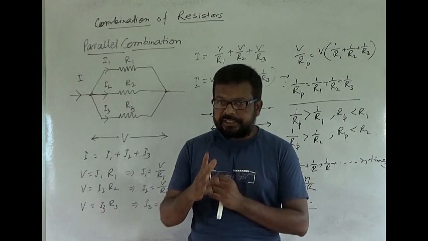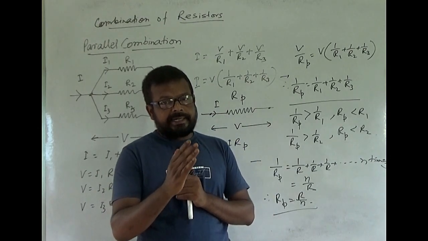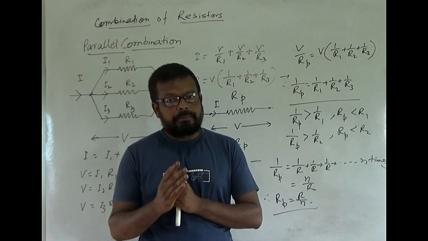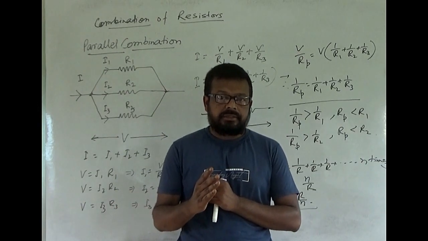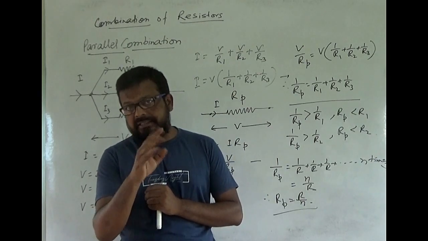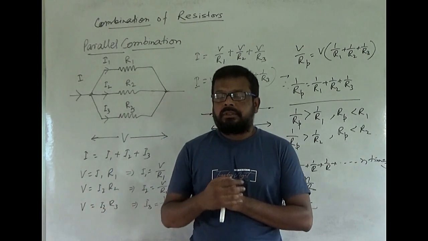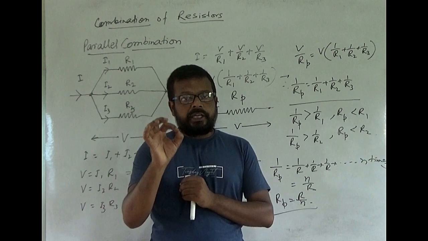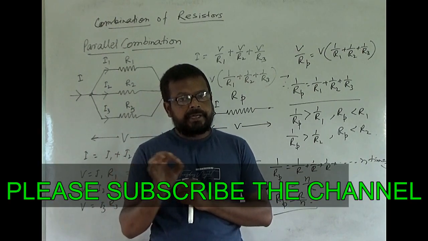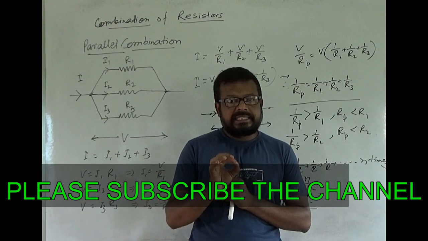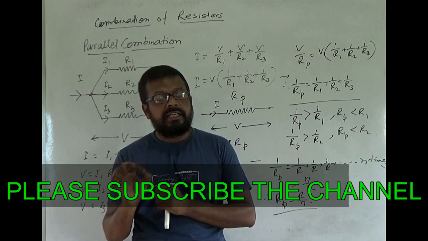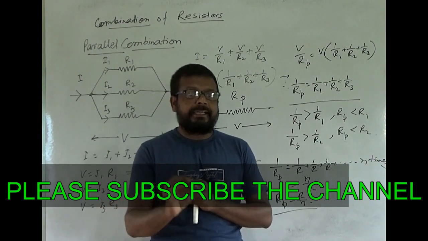Second, the total current in the combination will be equal to the sum of the current flowing through each resistor. And third, the reciprocal of the equivalent resistance of the parallel combination is equal to the sum of the reciprocals of each resistance connected in parallel.